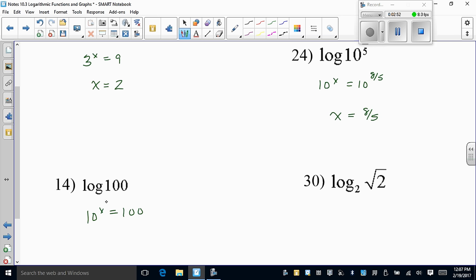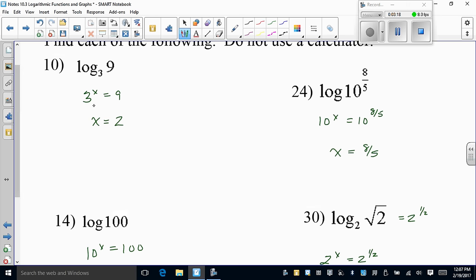And then we're going to change this guy to be 2 to the 1/2 power. So then we're going 2 to what power gave us 2 to the 1/2 power. And it would have to be x equals 1/2. We'll get more in detail with these, but these should be obvious ones. You'd have to change it back to this format, but this is the base, this is the value.